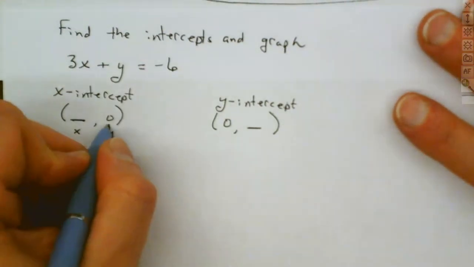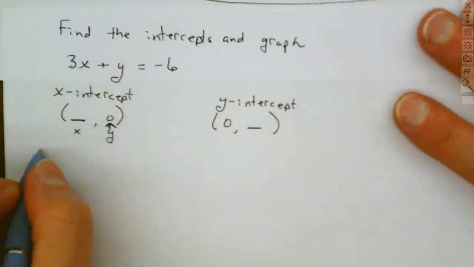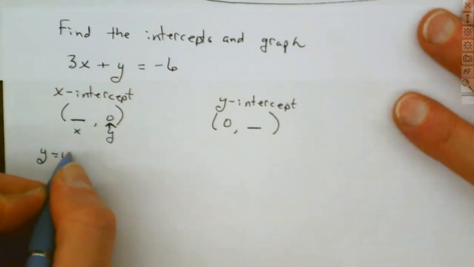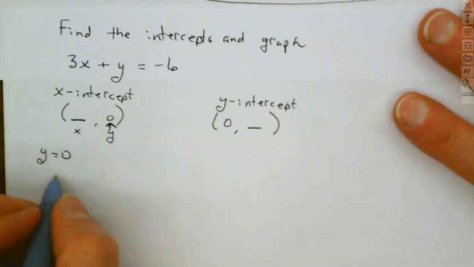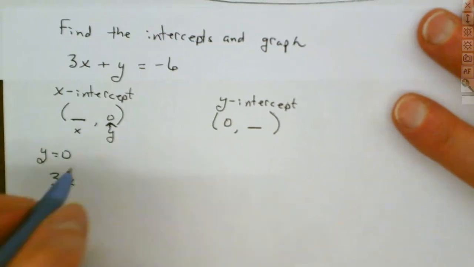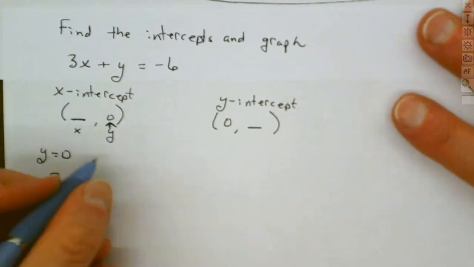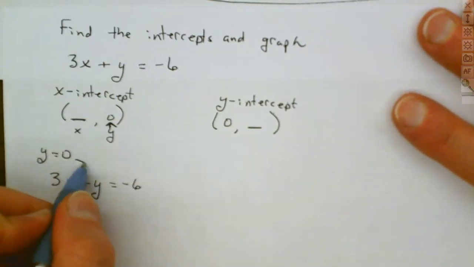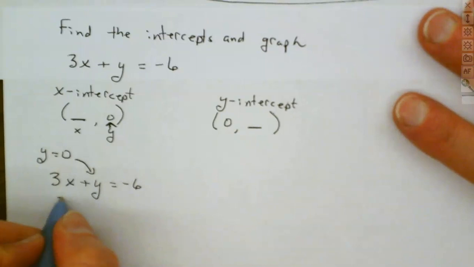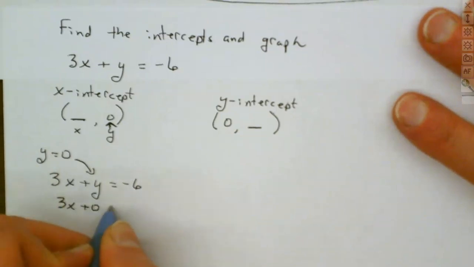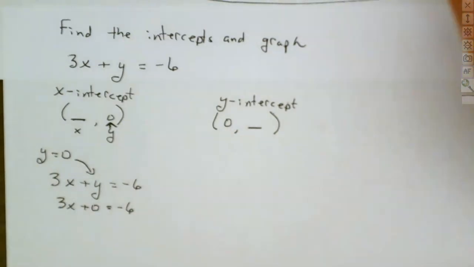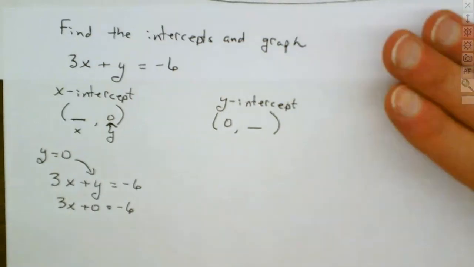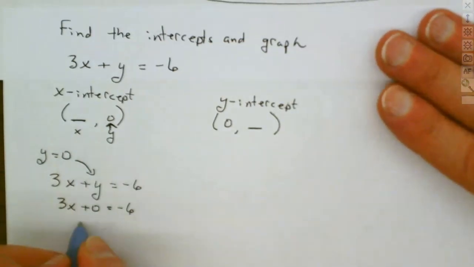So on this one, we're going to plug in y equals 0 into the original. And we're going to see what we get. So we get 3x plus y equals -6, but we know that that y is 0. So we replace that with 0. And 3x plus 0 is still just simply 3x.